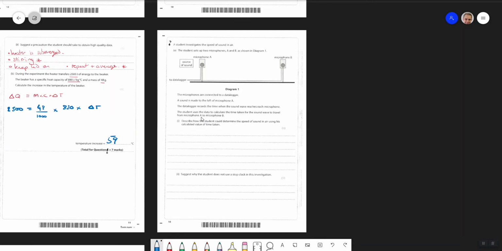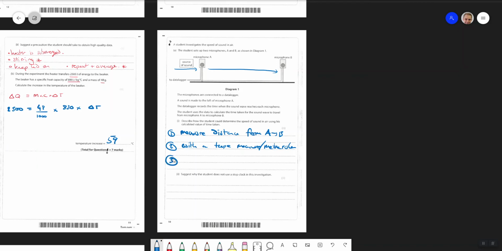So if you've got a time, the sound wave comes in, sets off a line here, and then it travels its distance here. So first, we need to measure the distance from A to B. Second thing that we need to do is to say an instrument, so we'd say we're going to use a tape measure or meter ruler.